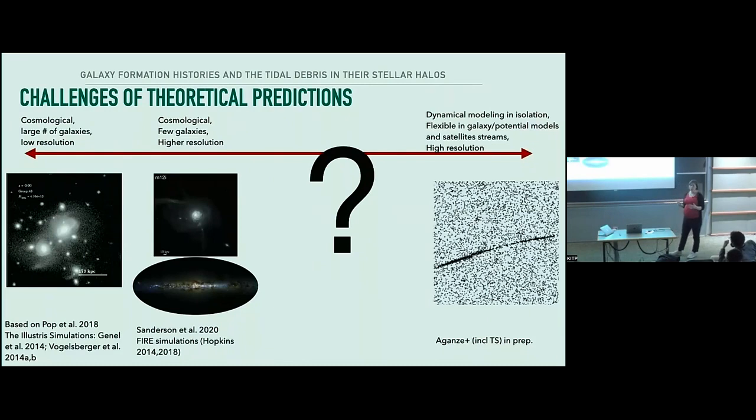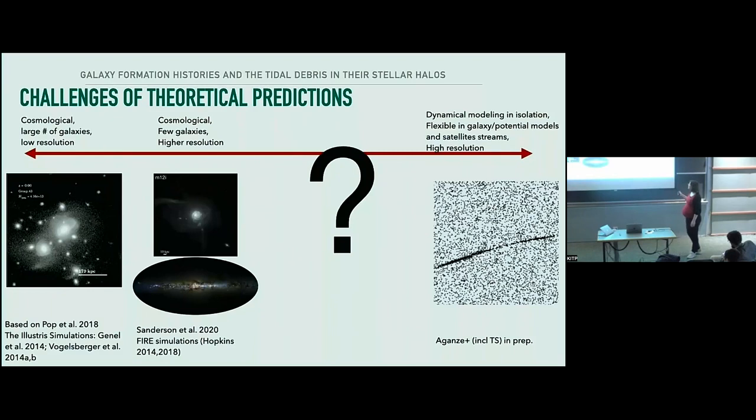These have much higher resolution, and so they can follow the formation of these faint features much better. With lower resolution also comes an issue with whether your dynamics is actually traced correctly at some point. So higher resolution is important.